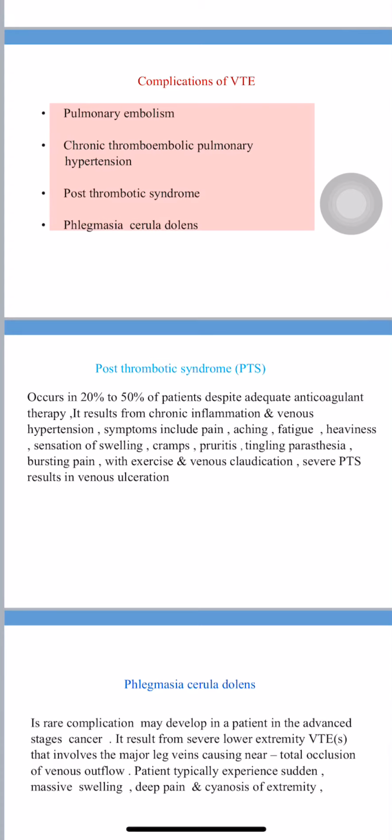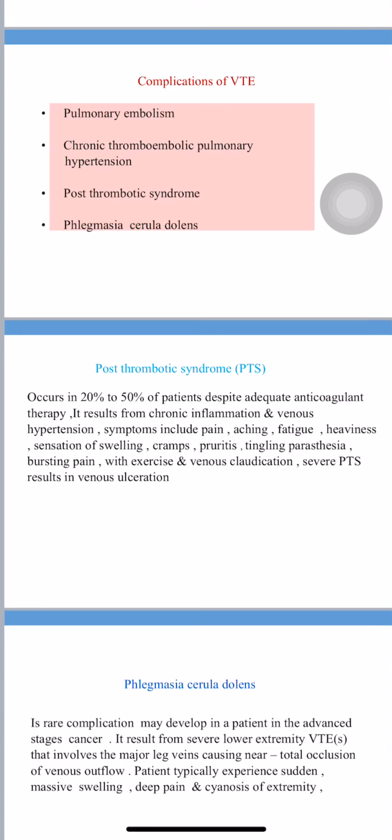The pulmonary embolism means the embolus which lodges in the pulmonary arteries or the pulmonary circulation. So that leads to the pulmonary embolism. Next is chronic thromboembolic pulmonary hypertension. The pulmonary hypertension is due to the formation of thrombus within the pulmonary veins or arteries. So that leads to the pulmonary hypertension.